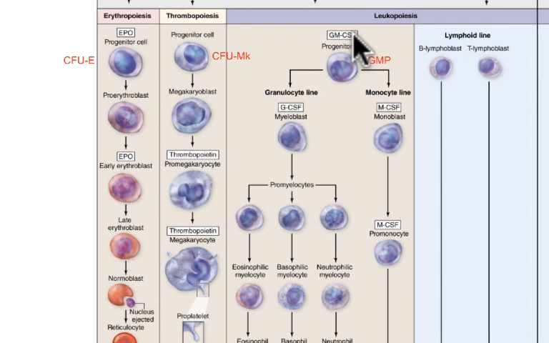But as we said, we have different types of colony stimulating factor. Here it's called GM, granulocyte monocyte. I think that's enough about this table. Of course, then you have many different cells in this category, and you're going to learn those later.